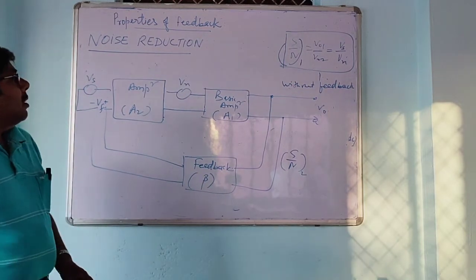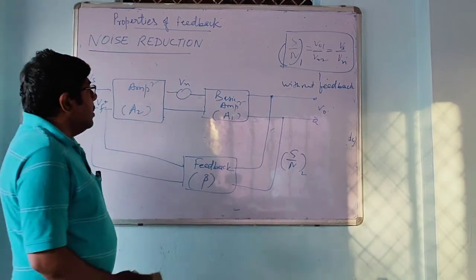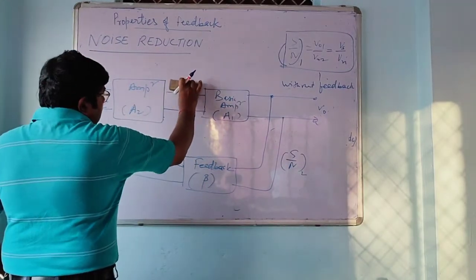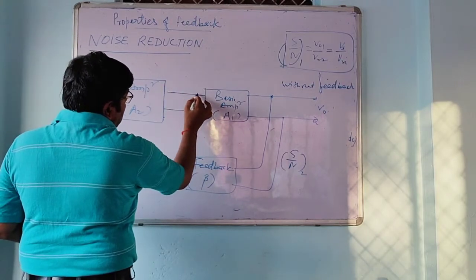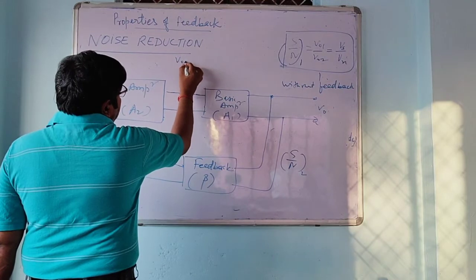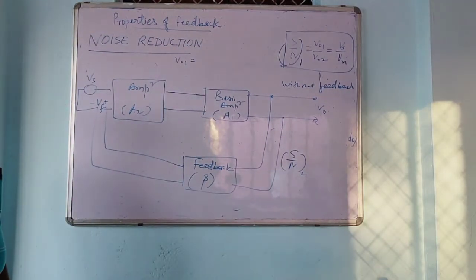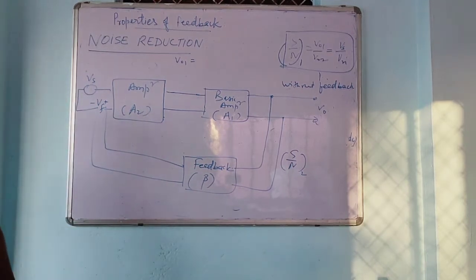First put noise to 0. Suppose we are using only signal, noise is 0. So this is the V01. What is the value of output when we are using only signal?